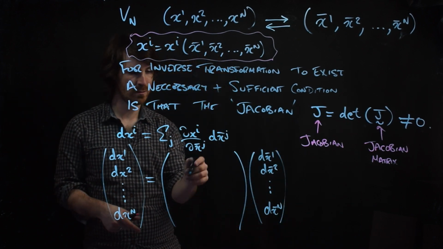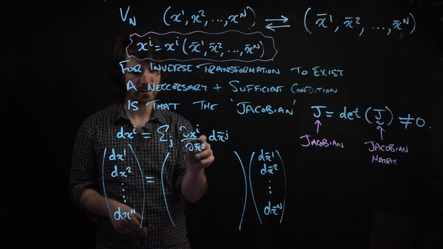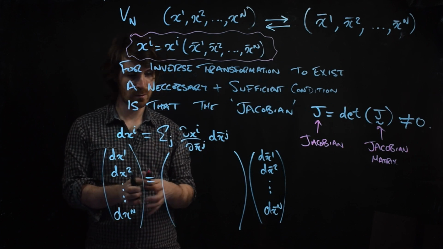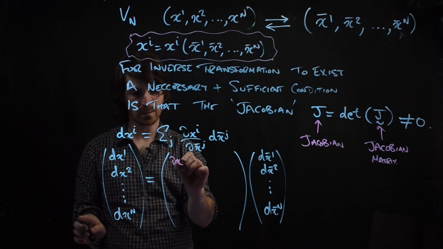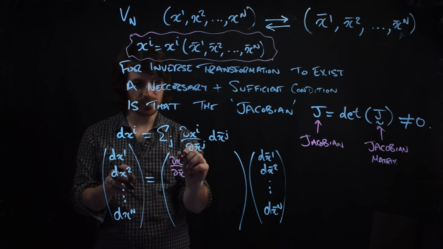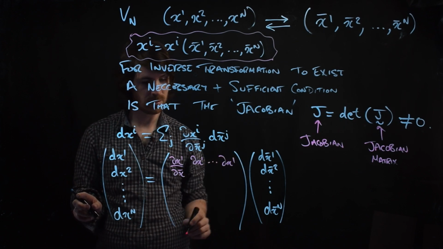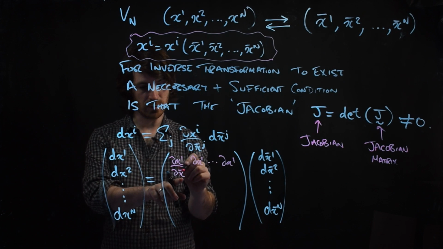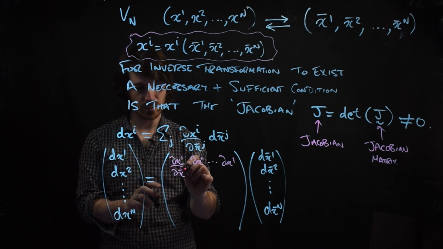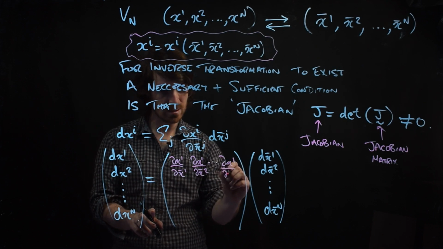Okay, and this matrix has elements that are these partial derivatives of one coordinate with respect to the other coordinate in the different system. Okay, so the rows, let's call this dx by dx bar. Along the first row, we have the first coordinate, dx1 by dx bar 1. And the columns are labeled by the number of the barred coordinates, so this is 1, this is dx bar 2 to dx bar n.